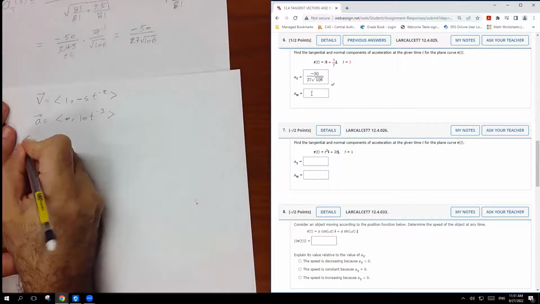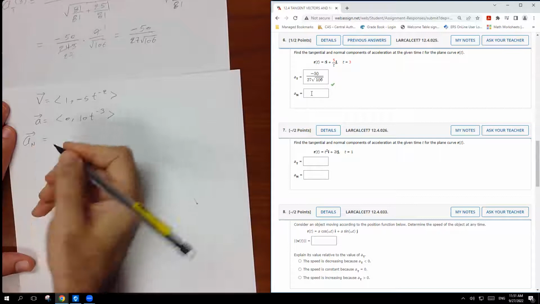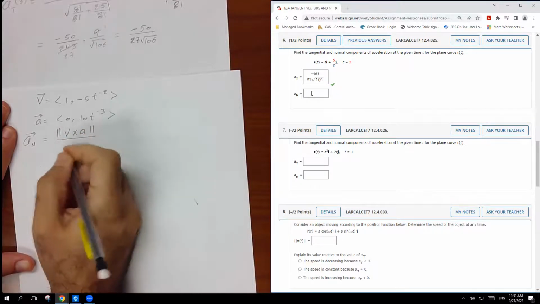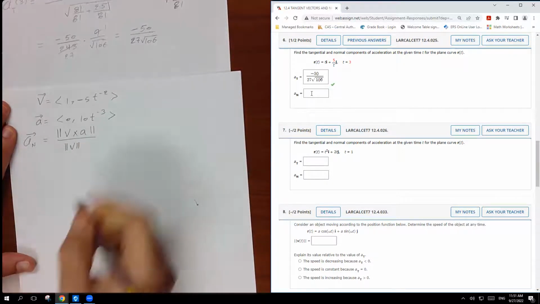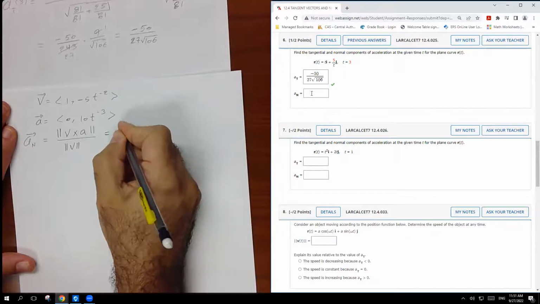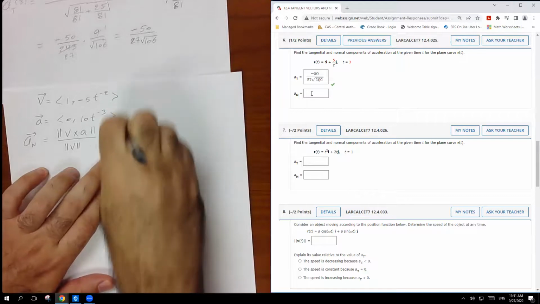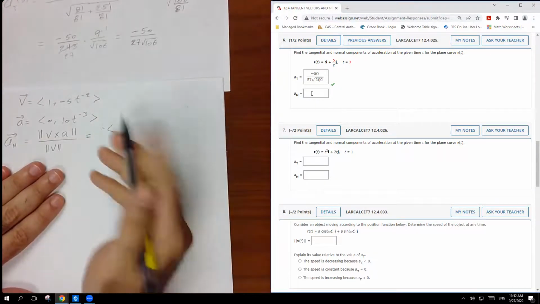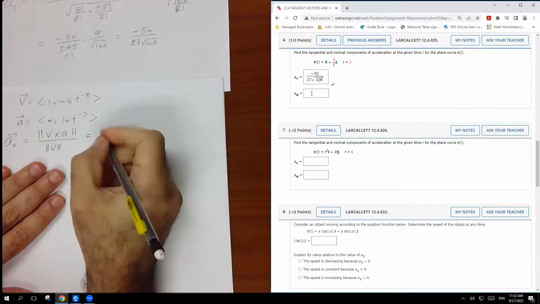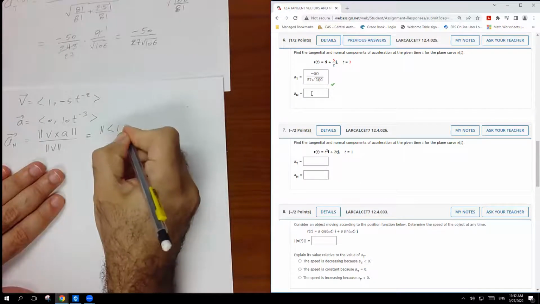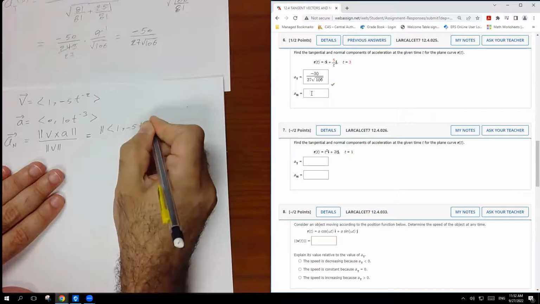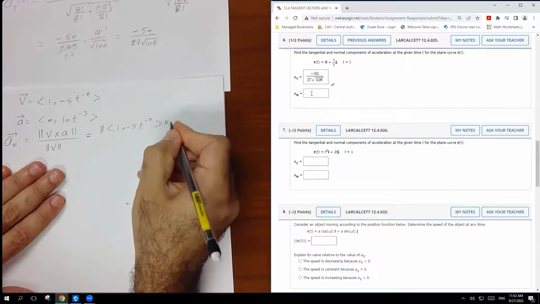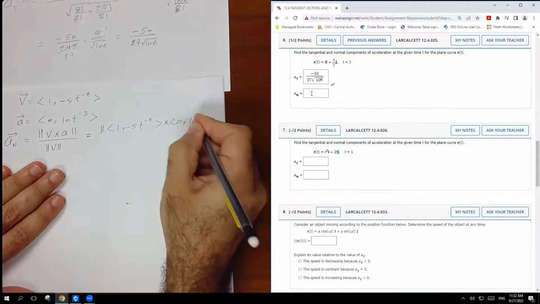That means A with N is going to be the length of the cross product V cross A over the length of V. That means the length of the first vector, here's the velocity 1, negative 5, T, negative 2, with the second vector, it's a cross product with 0 and 10, T, negative 3.